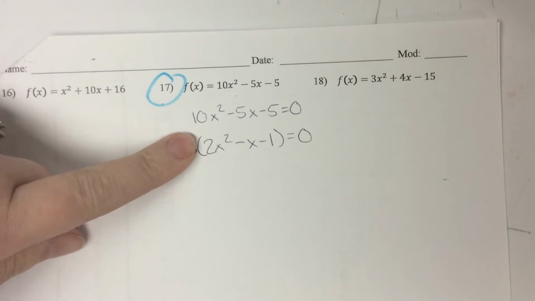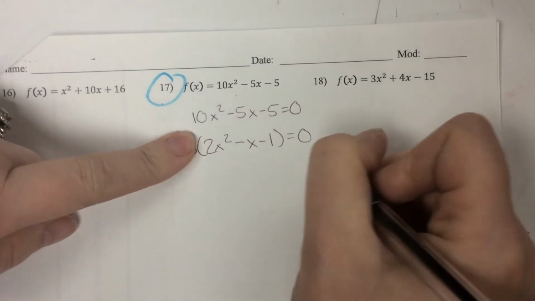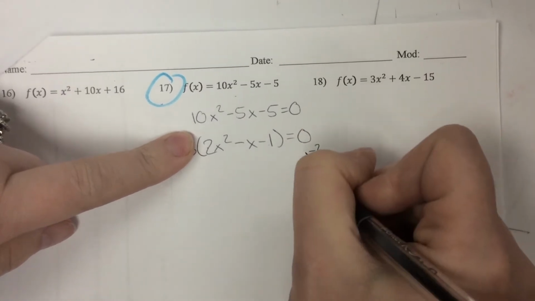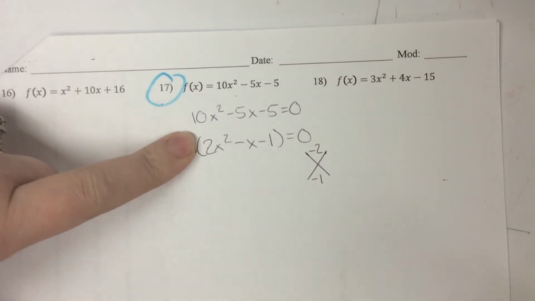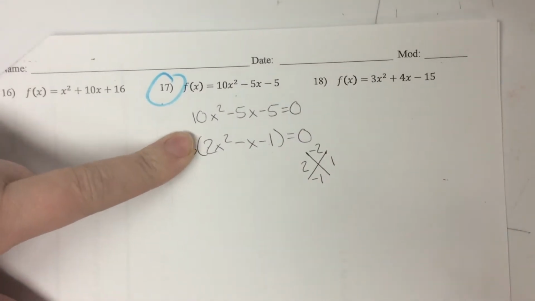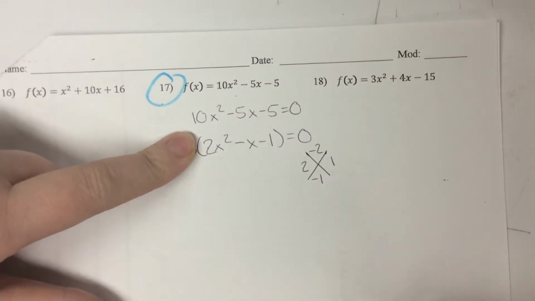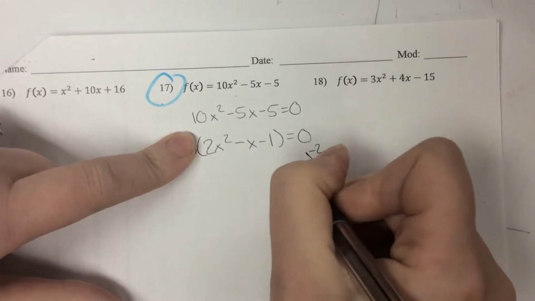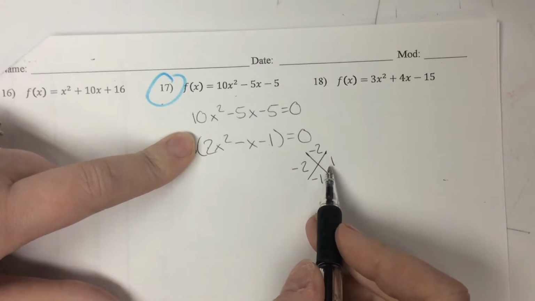So forget about the 5 just for a second here. Let's do the diamond. 2 and -1 gives me a -2, and I need it to add up to -1. Well, the only factors of 2 are 2 and 1. The only problem is we have to figure out which one's negative and which one's positive. If I need them to add up to -1, -2 plus 1 is -1.